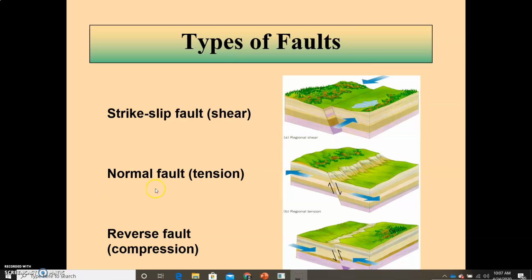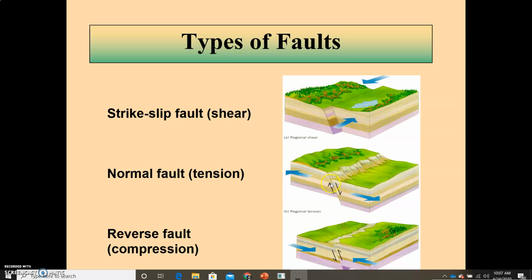Here's your normal fault, and this develops in tension. So here, for an example, you're going to be pulling apart these blocks, and what's going to happen is this block is going to want to move down this direction relative to this block. Typically, the miners would call this the hanging wall and then the foot wall.